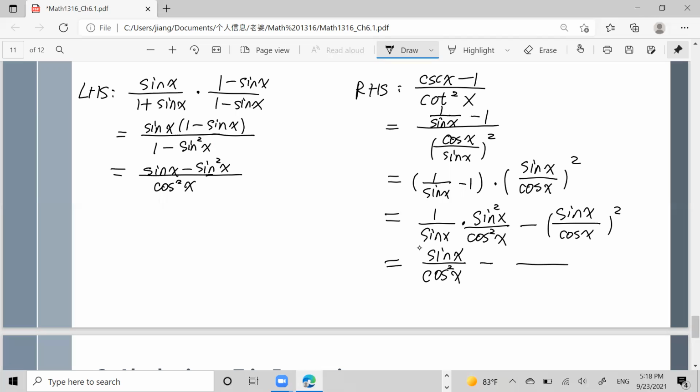Minus, actually, for this one I distribute the power 2, I mean, sine x squared over cosine x squared. And then, wow, we're almost there. Look, they have the same denominator, cosine x squared. The top is sine x minus sine x squared. Okay, now left hand side equals right hand side. Verified.